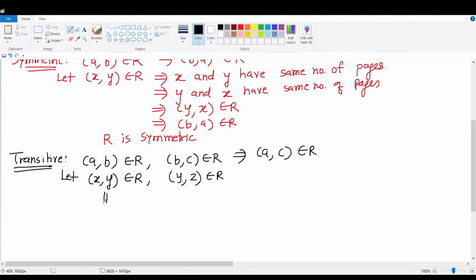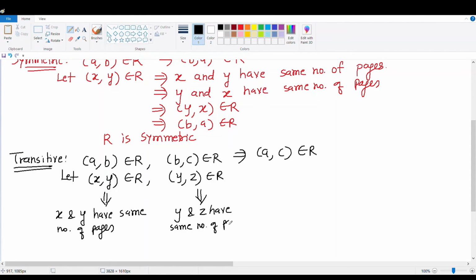So x and y have the same number of pages, and y and z have the same number of pages. Now if x and y have the same number of pages and y and z have the same number of pages, that implies that x and z have the same number of pages.